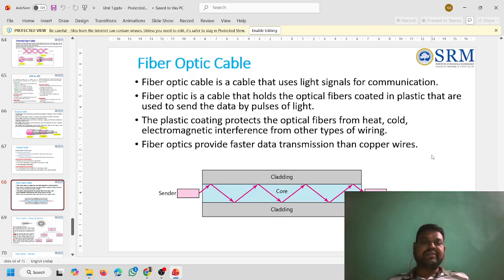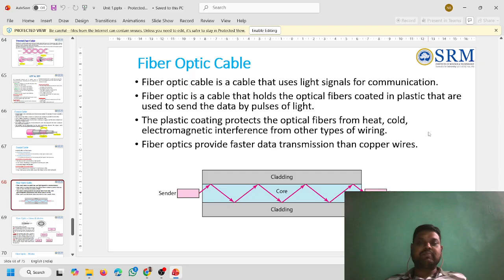We have to generate the light signals to transmit data from sender to receiver. There are three layers in optical fibers, and optical fiber is pretty costly compared to the previous two types of cables.